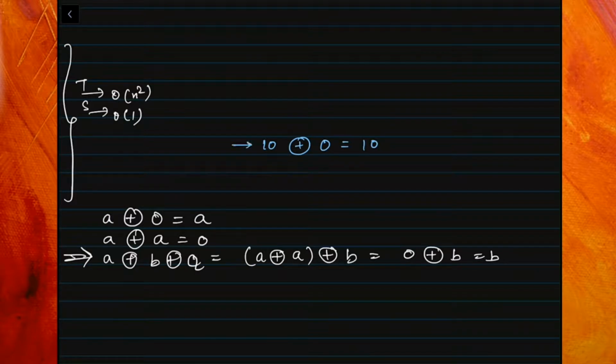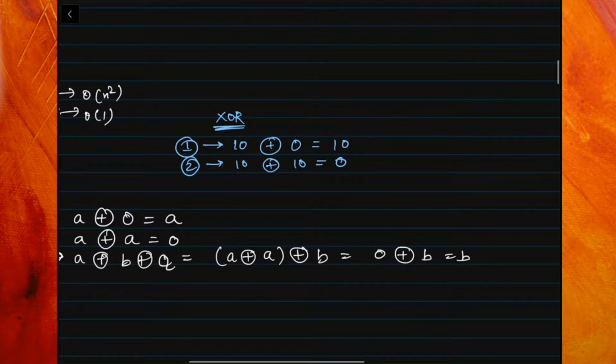This would be used later. This is one of the formulas that we need to know about XOR. And if a number is XORed with the number itself, then it returns 0.